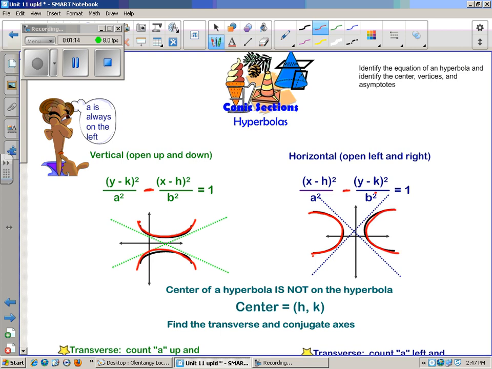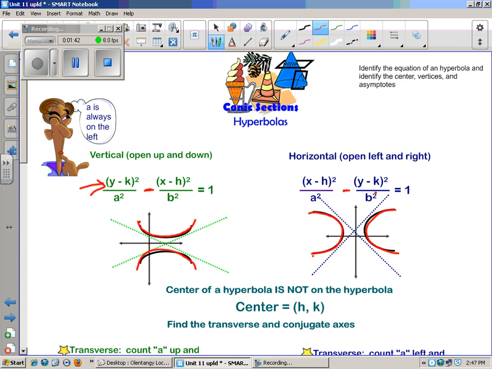Okay? And you can tell by the equation which one is which, because a vertical hyperbola will start with the y squared. So it's y minus k squared and then x minus h squared, with the y minus k coming first. In my horizontal hyperbola, the x comes first, so it's x minus h squared first, then y minus k.